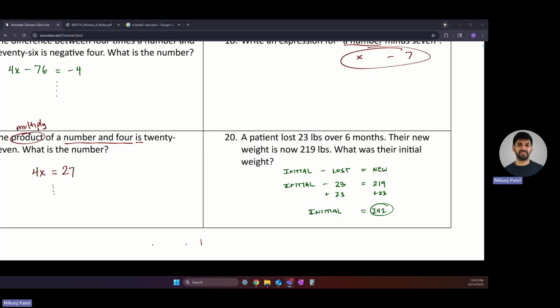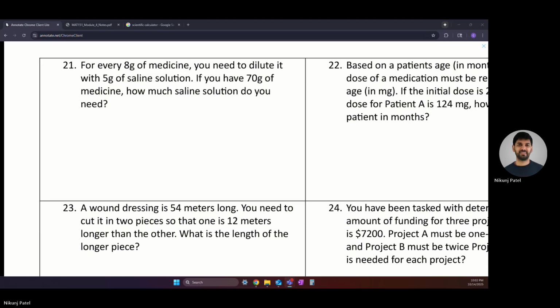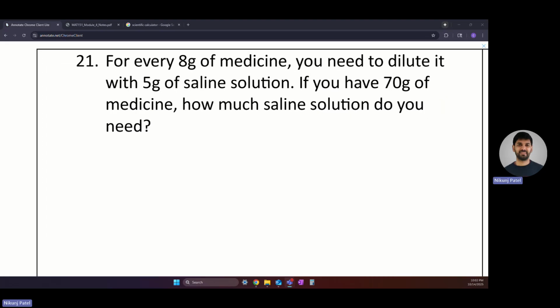All right, let's keep going. Number 21 says, for every 8 grams of medicine, you need to dilute it with 5 grams of saline. If you have 70 grams of the medicine, how much saline do you need? So we can set this up in a couple of different ways.